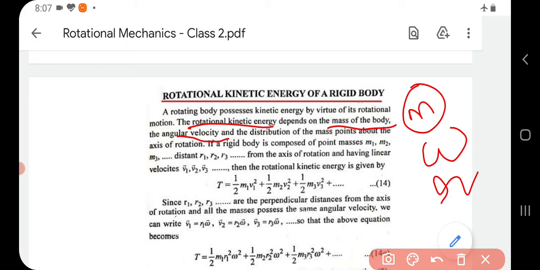So rotational kinetic energy depends on these three factors: mass, angular velocity, and distance from the axis of rotation. That is the same as the distribution of mass points about the axis of rotation.